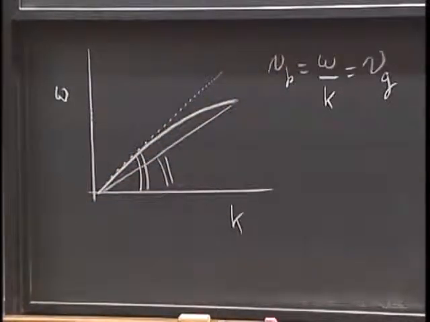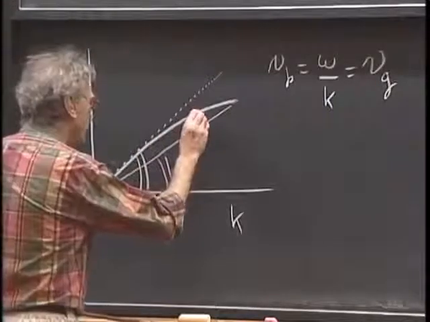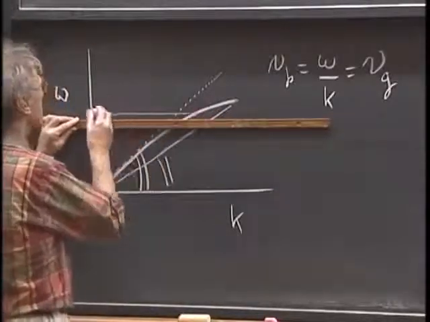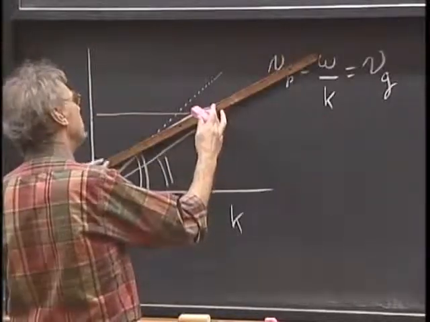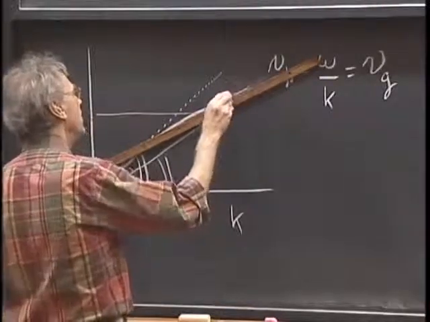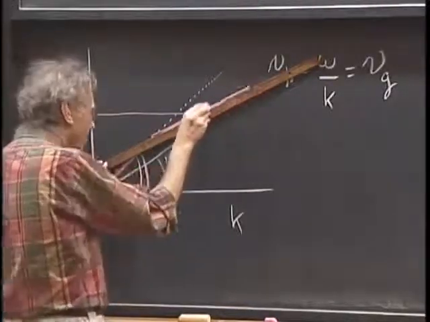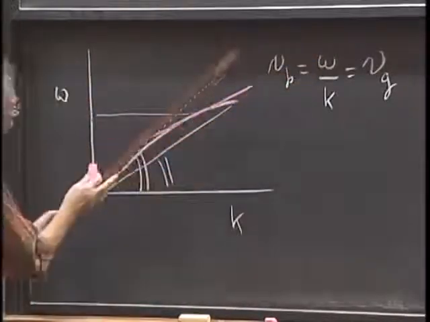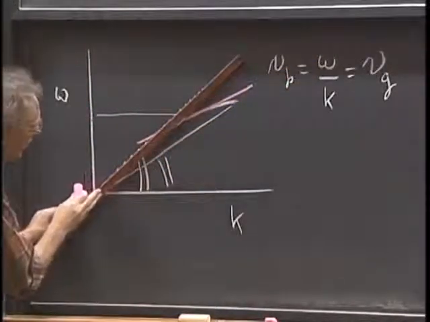But the group velocity is also dependent now on frequency. For instance, right at this frequency here, the group velocity is given by the slope, the d omega dk. And that group velocity, which is d omega dk, has a different angle, the slope, than this slope.